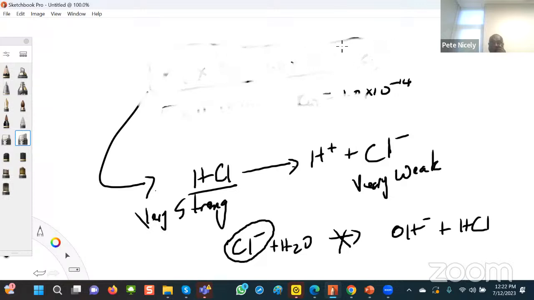On the other hand, I'm trying to think of a good example of a strong base.